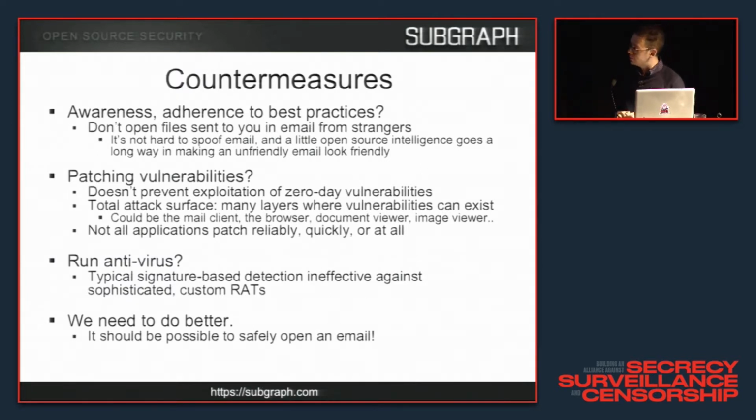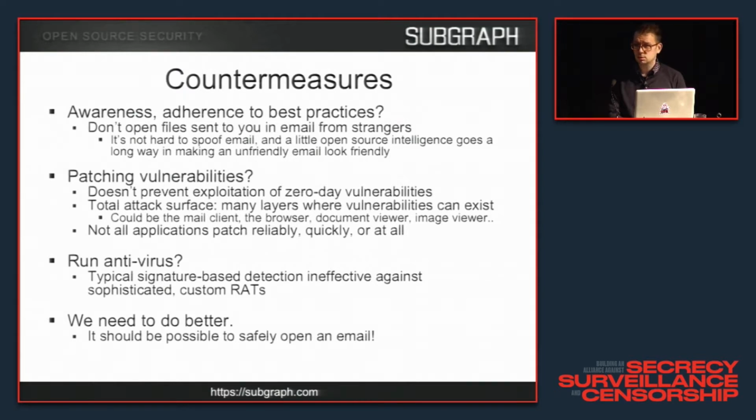Antivirus actually scares me because vulnerabilities are being discovered in the antivirus systems themselves, and these are running at the lowest system level, hooked into all the basic I/O functions. And anyway, they use signature-based detection, which is not effective against custom malware for which they do not have signatures, because of the low infection footprint.